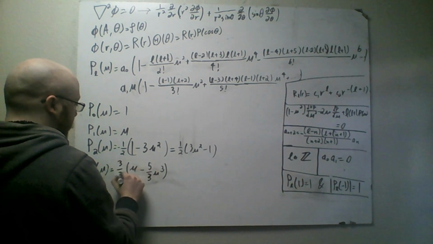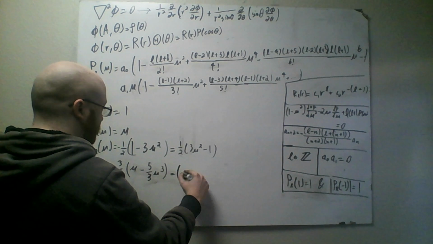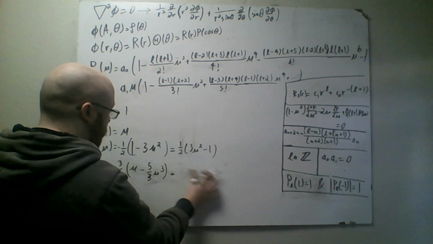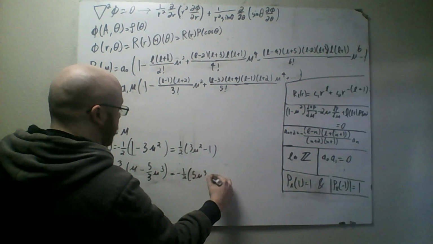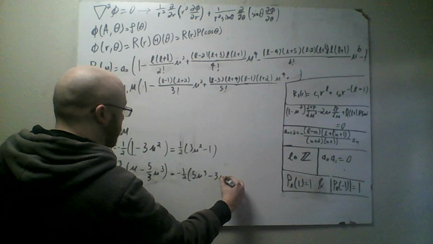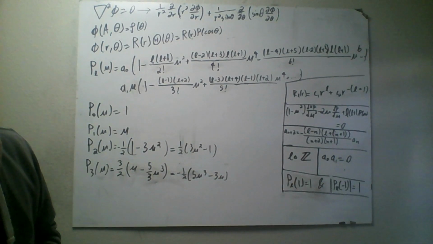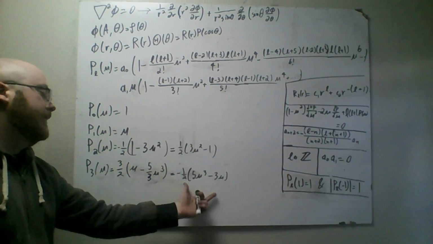So you can do 3/2, or normally you would write it as something like negative 1/2, 5 mu cubed minus 3.